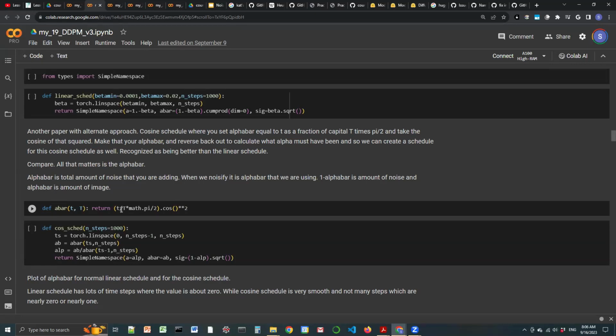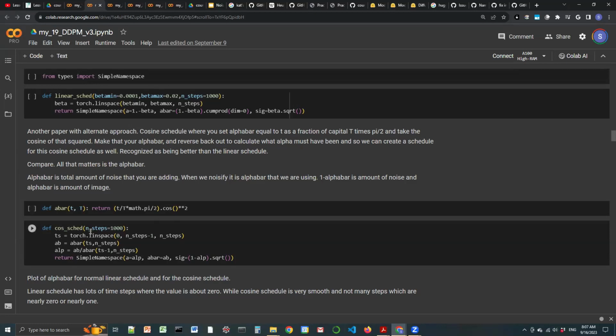The cosine schedule basically eliminates the total time value, which is the capital T, from the alpha bar equation. So this is the alpha bar equation where the time step small t is expressed as a function of the capital T, multiplied by pi over 2, and then you take the cosine of that and square it.